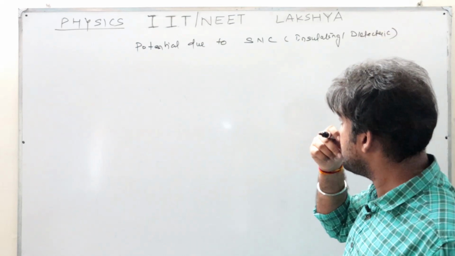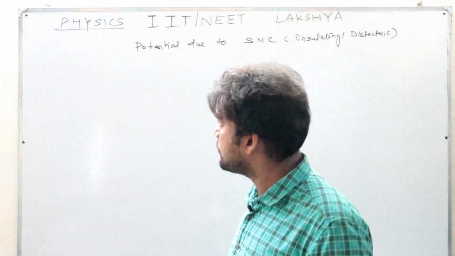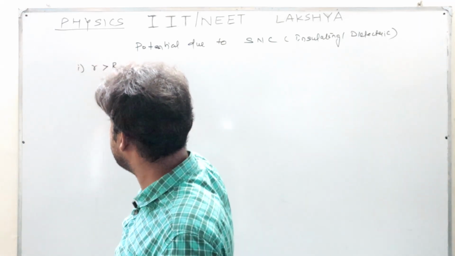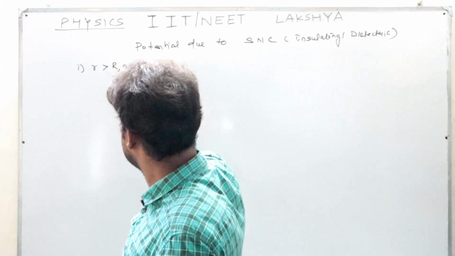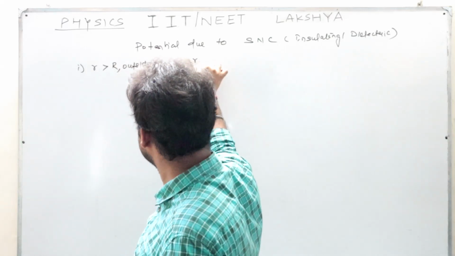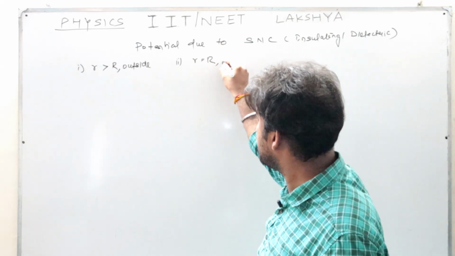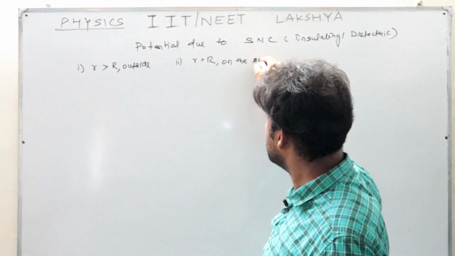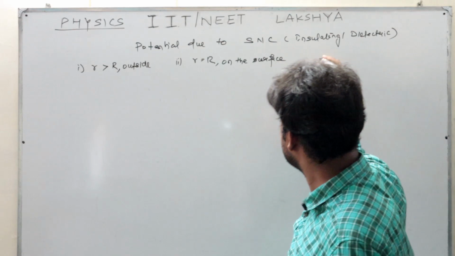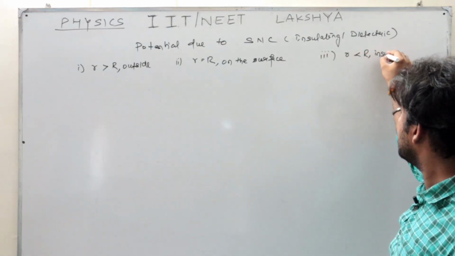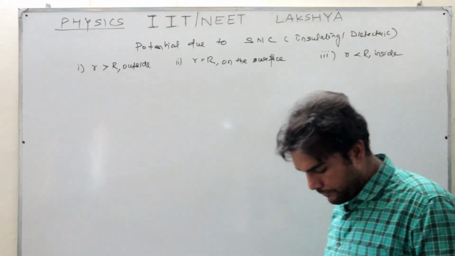Again, here also three cases would be there. Case number 1, r greater than R, that is outside point. Case number 2 will be r is equals to R, that is on the surface, and third point would be r less than R, which is inside the sphere.